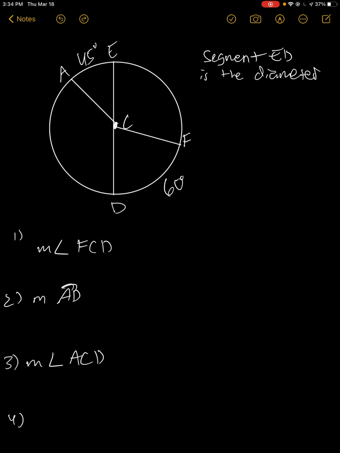Let me redraw that. Measure of arc ADF, that arc. Okay. So now let's start with number 1.